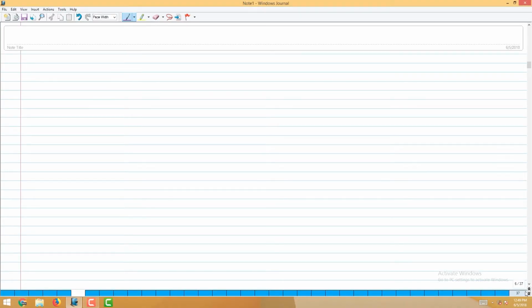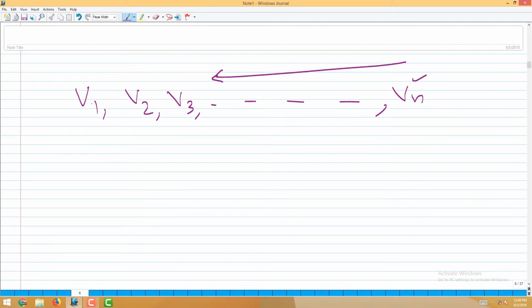Suppose this is the perfect elimination ordering V1, V2, V3, up to Vn. Now, like we did in the coloring, we start from the last and go backward, right. So we consider Vn, and we just put Vn in a bag. And then we put V2.